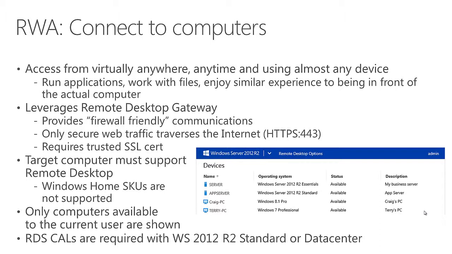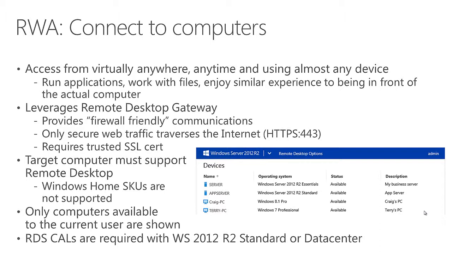If you do create a VPN connection, and you don't necessarily have to join the client computer into the Essentials environment to establish a VPN connection, you can set that up manually and use that to connect in. Once you have that VPN connection established, you can just use the remote desktop client connector to connect to computers remotely, bypassing RD Gateway entirely, and then that doesn't require an RDS CAL even if you're using the Standard or Data Center editions.